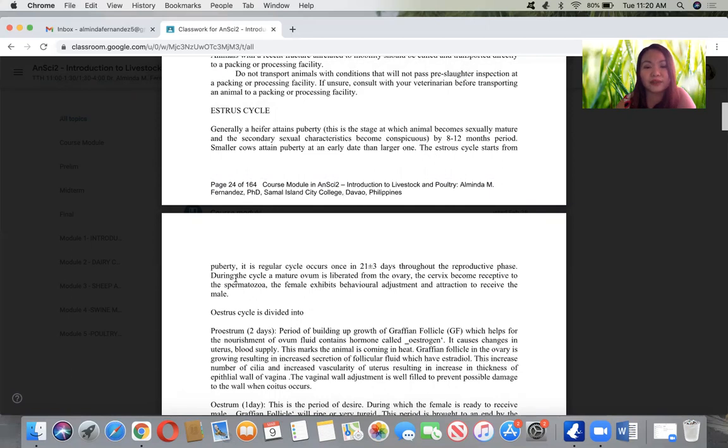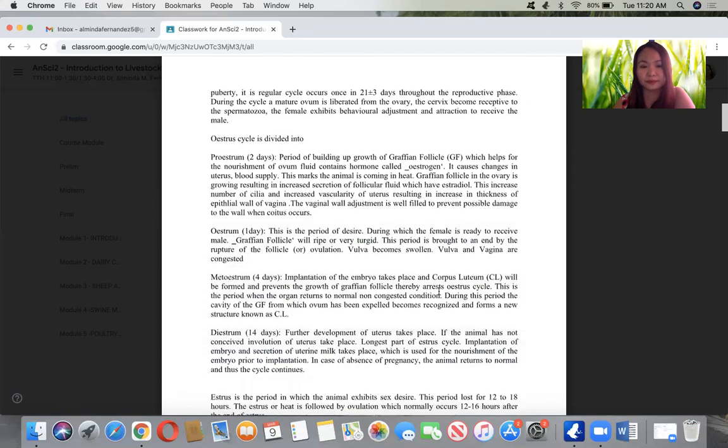The estrus cycle starts from puberty. This regular cycle occurs once in 21 days throughout the reproductive phase. During the cycle, a mature ovum is liberated from the ovary, and the cervix becomes receptive to spermatozoa. The female then exhibits behavioral adjustment and attraction to receive the male.